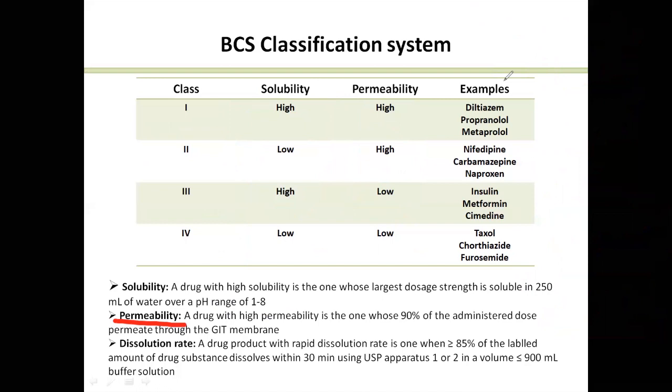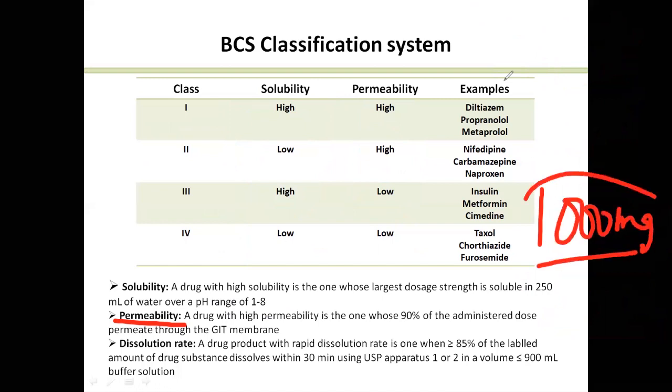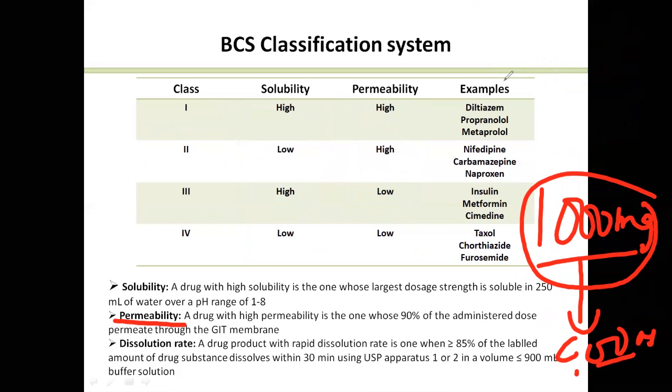Suppose I have given 1000 mg of dose. If 90% of the drug, that means 900 mg of the drug, passes through our GIT membrane, then I will say this drug possesses high permeability.